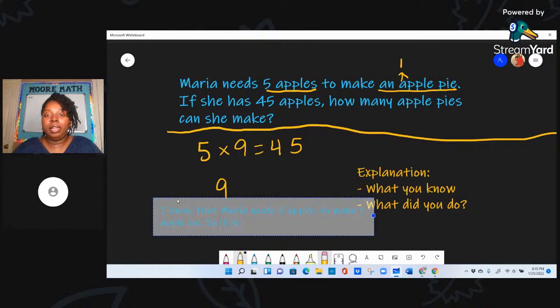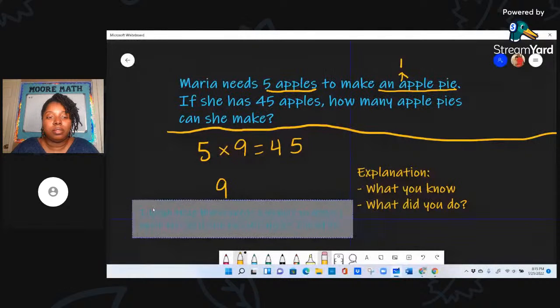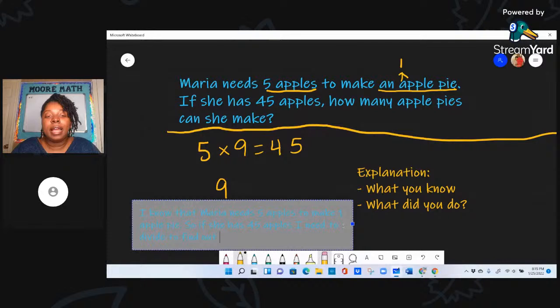So if she has 45 apples, I need to what? Are you adding, subtracting, multiplying, or dividing? Dividing. Good. So I need to divide to find out, or you can just say what you did, right?